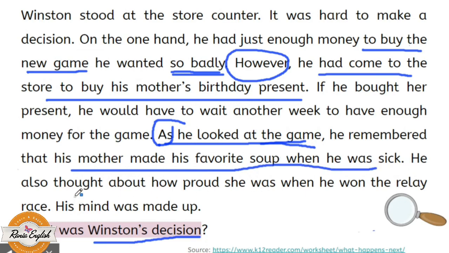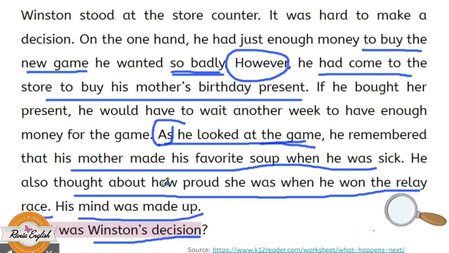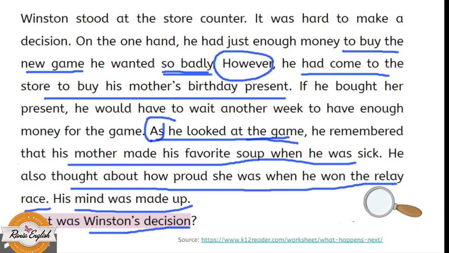He also thought about how proud she was when he won the relay race, and he made up his mind. So, what did he decide? Apparently, as we can infer from here, since he remembered that his mother took care of him and made his favorite soup when he was sick, and she was proud of him when he accomplished great things like winning the race, his mind was, of course, made up to buy his mother a birthday present.